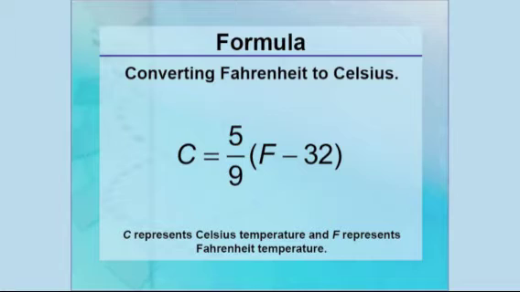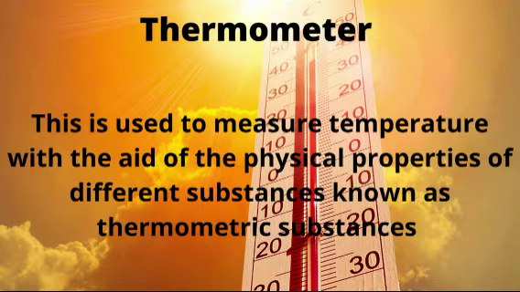Now this is the formula to convert from Celsius to Fahrenheit, where C represents the Celsius scale and F represents the Fahrenheit scale.